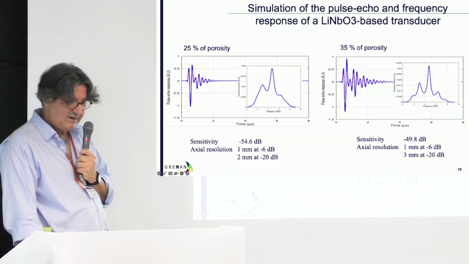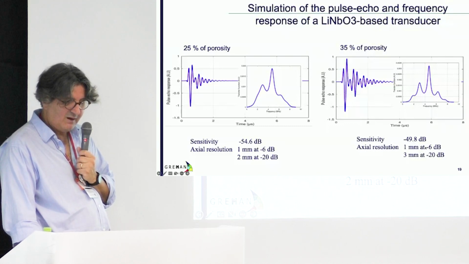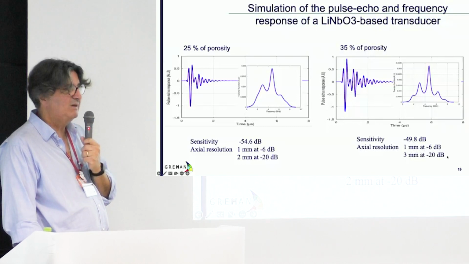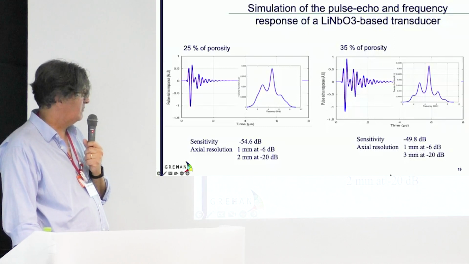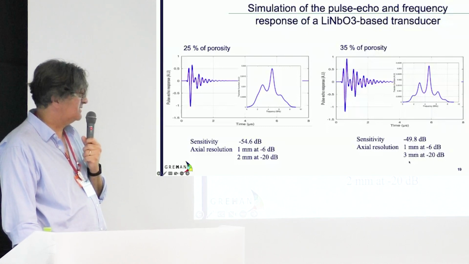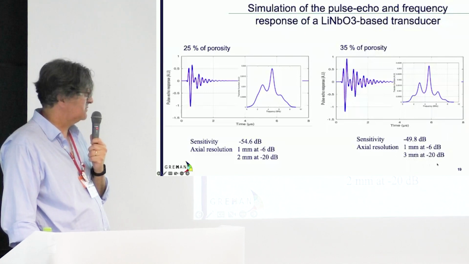Nevertheless, the minus 6 dB resolution still remains around 1 millimeter, but you have increased the minus 20 dB axial resolution. But it is still much better than that of the reference transducer.